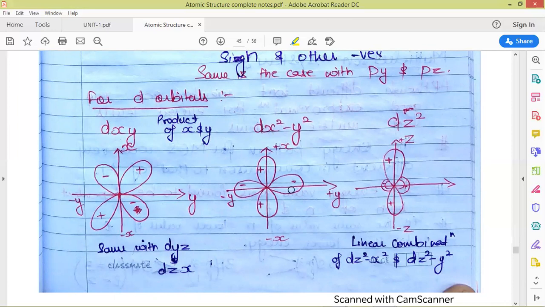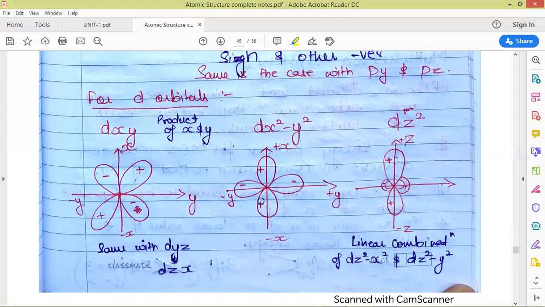Here along the y-axis, it has been written with a negative sign. This depends upon the name of the orbital, where negative of y square is written. So whatever the value of y, whether positive or negative, the square is always positive, and there is a negative sign associated with this square. So the value is always going to be negative along the y-axis.